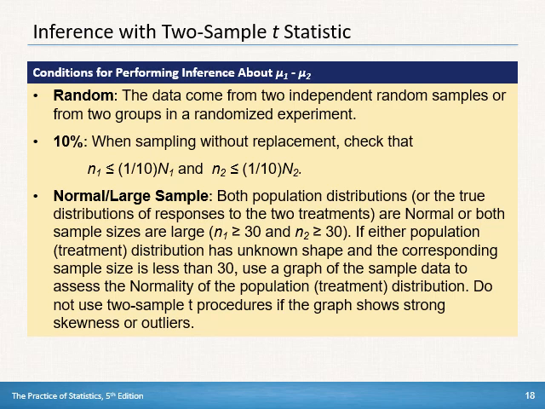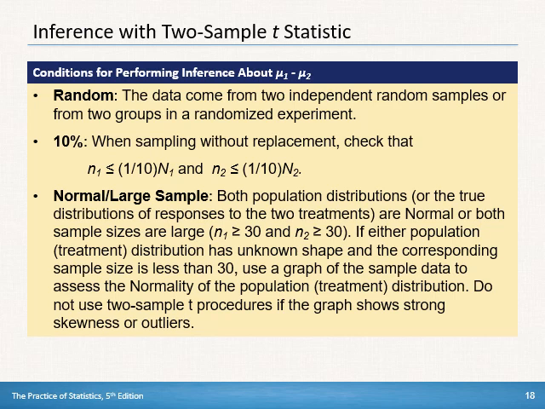All right. And then for each of those, we're going to look for the same thing. Do we see any outliers? Do we see any strong skewness? So there are still sort of three situations here. If we know both population distributions are normal, we're good to go. If both sample sizes are over 30, we're good to go.